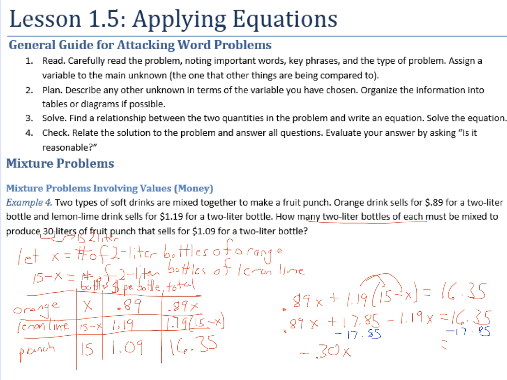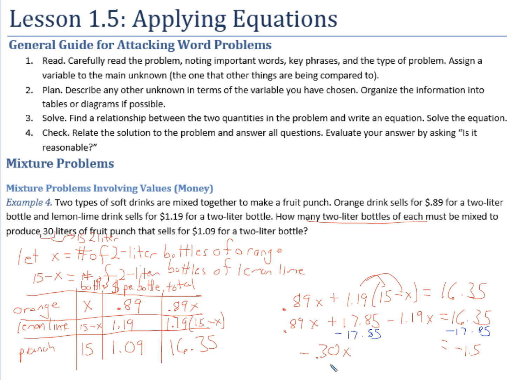And so 16.35 minus the 17.85 gives us negative 1.5.